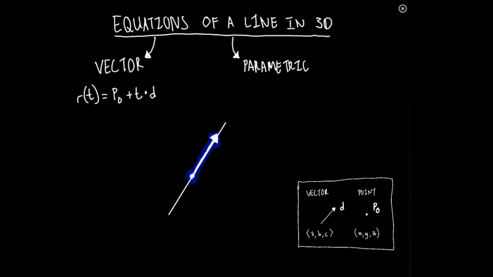Now let's try to actually apply this to come up with a vector equation given a specific scenario. Say that we're given that p naught, some point along the line, is equal to 2, 5, 6, and that d, the vector, is equal to 1, 3, 9.